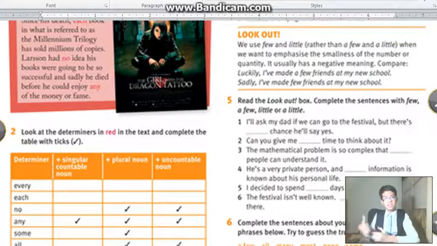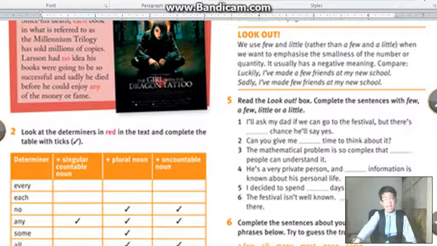So maybe this is a friend talking to a friend. A friend invited another friend to go to a festival, but it seems like he has very few chance to get his dad to say yes and let him go to the festival. So very few chance. So it means negative meaning. So few chance he will say yes.